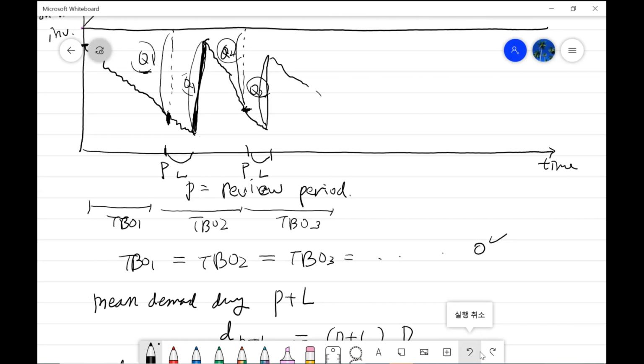If you have a lot of inventory when you place an order, then you order just a small amount to reach the target inventory level. But if only a small amount of inventory is left over when you place the order, then you have to order a lot to reach the target inventory level.